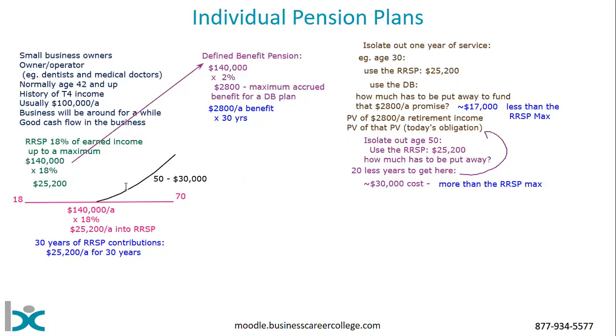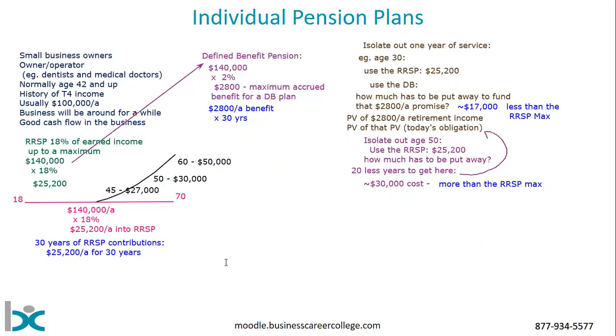And you can kind of approximate these numbers. At age 45, it's going to be about, call it about $27,000, so already more than the RRSP maximum. By the time you're at age 60, you're looking at numbers around $50,000. So now you can really crank up the amount that's going into that pension.